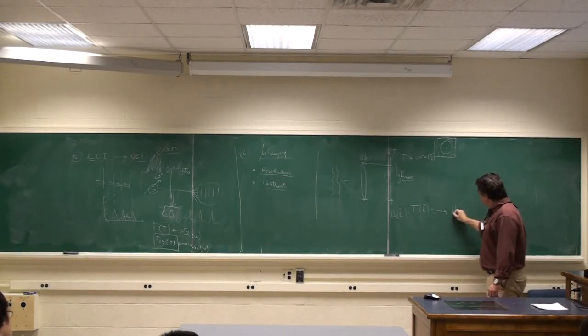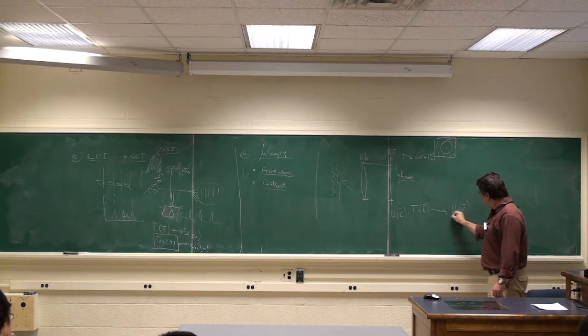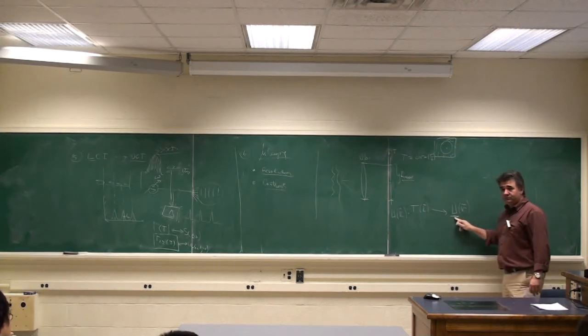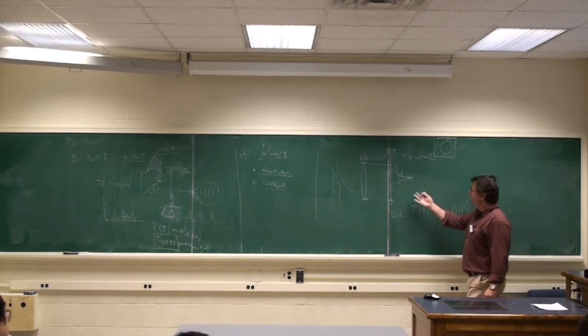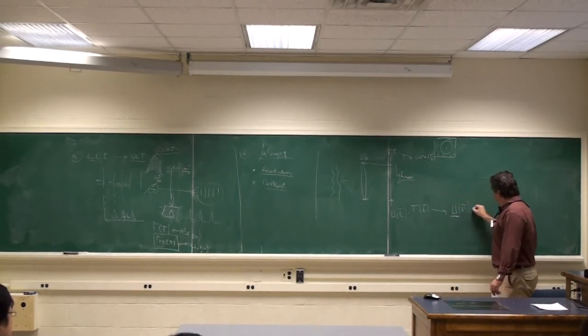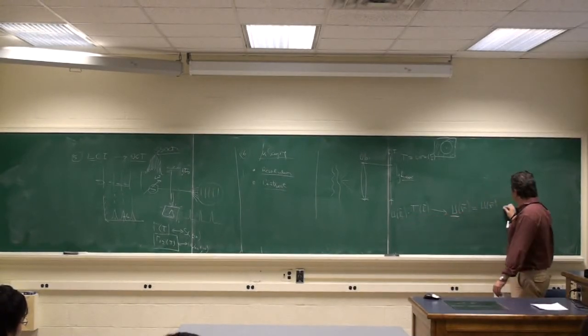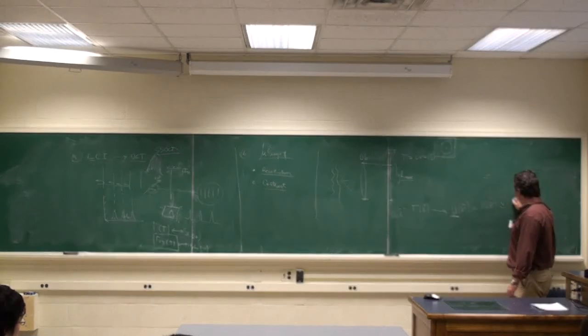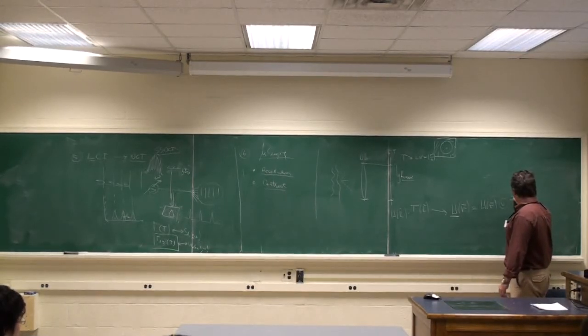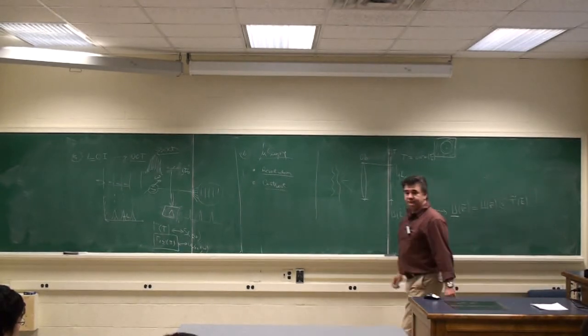That will give me the version of the object. And usually I put a bar here to say that it's not my original field, it's actually the field filtered by my objective, which is my perfect field, U of R, Fourier transform of that, convolved with a Fourier transform T tilde of that.